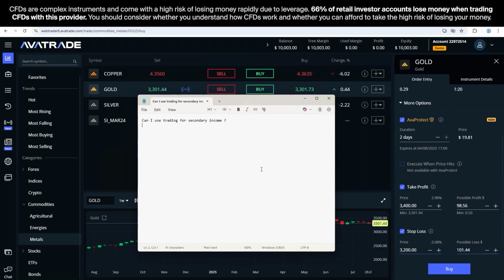Not everyone who begins trading wants to make it their career, even though a professional trader can make a lot of money, right? This field, trading, is a universe, but you can use it on top of something else.